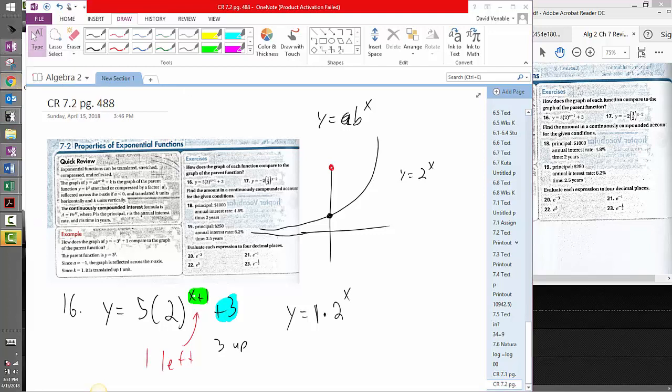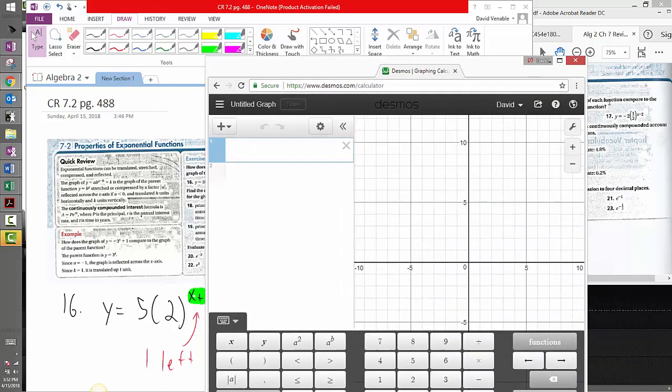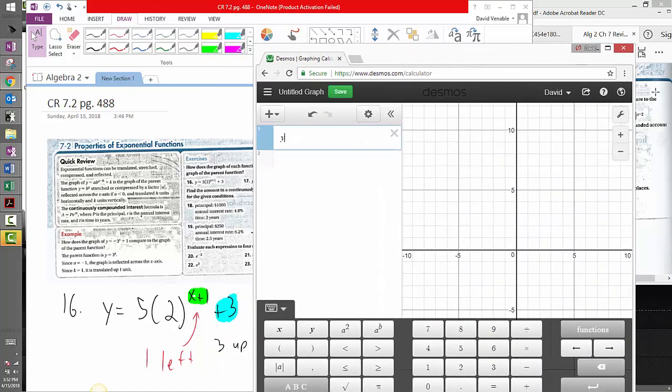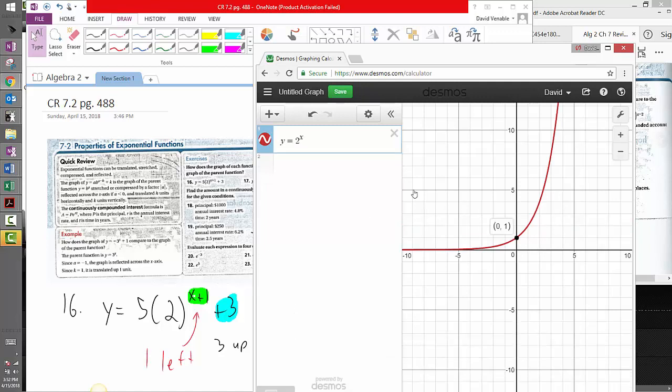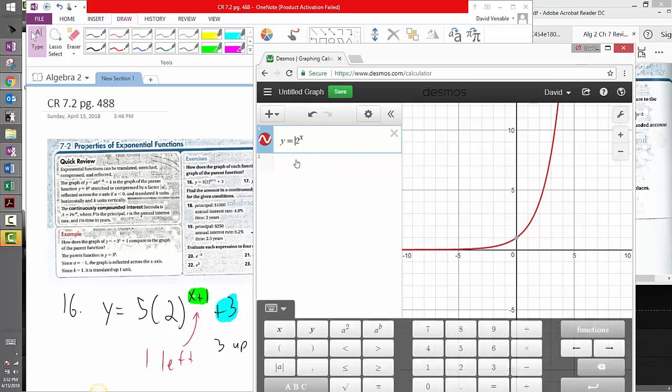Let me open up a little browser on Desmos. You could do this in your calculator. I just find Desmos can be a little easier to read. So here's what I'm going to do. I'm going to put y equals 2 to the x. And notice again, it has a y-intercept at 0, 1, because it'd be right there.